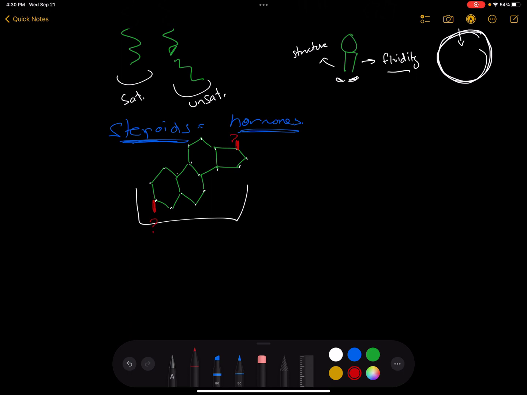I can start having other things attached. So sometimes that might have a different element. It depends on the hormone. But because it's overwhelmingly carbons and hydrogens, this is where we get to classify it as a steroid. Which, again, we'll talk about why hormones, et cetera.